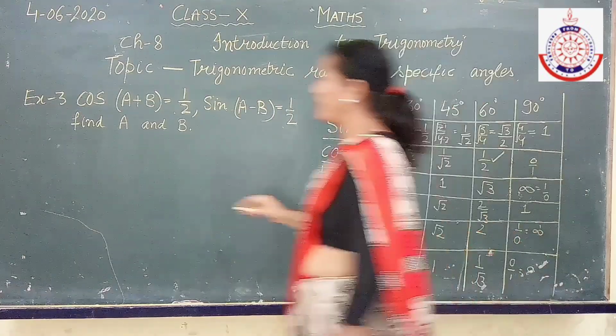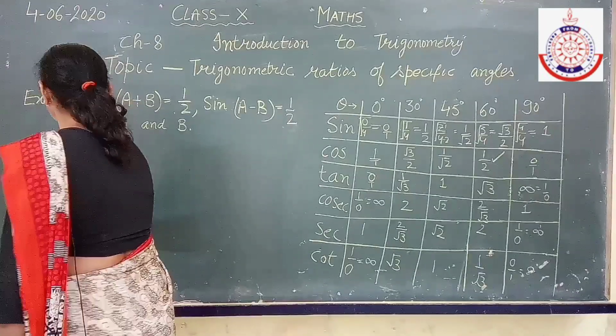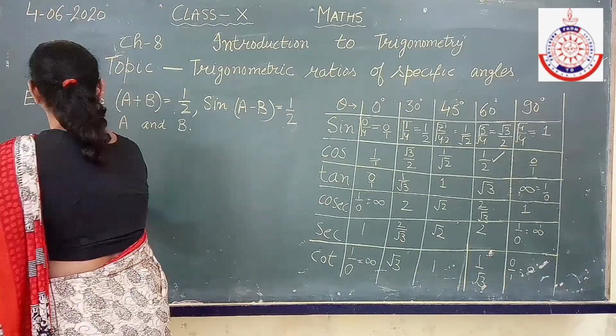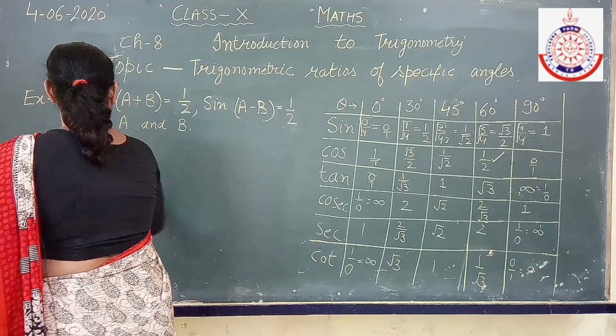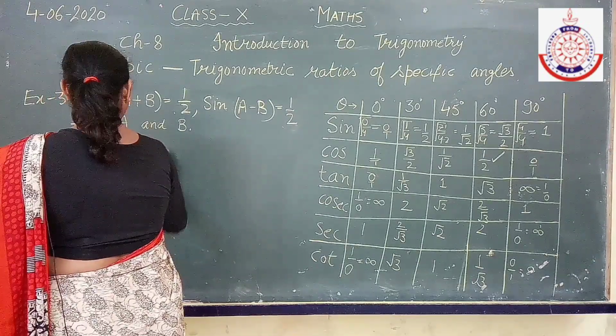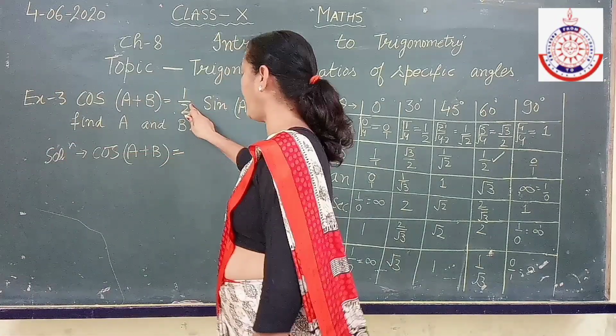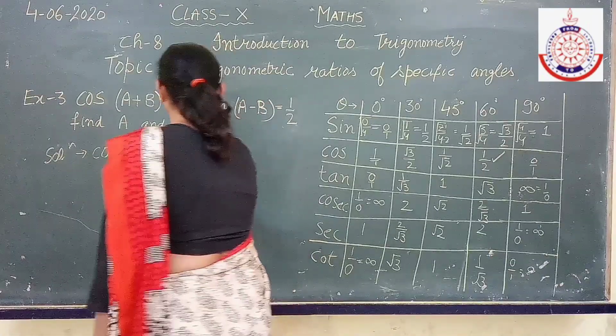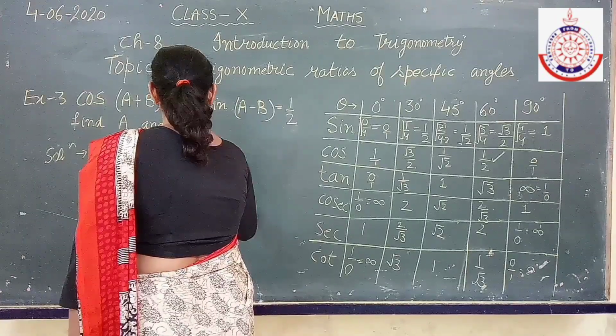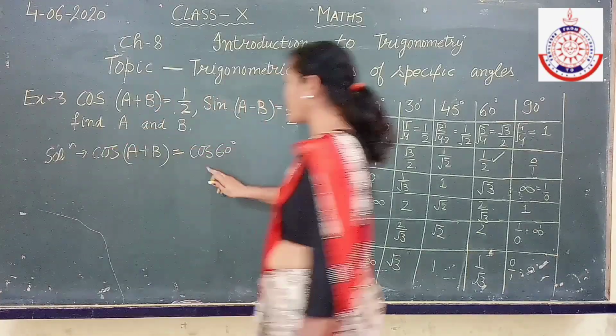So, can we write it like this? cos(a plus b) equals, in place of half, we can write cos 60 degree. Why cos 60 degree?